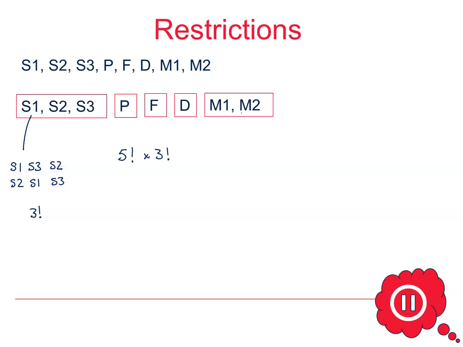And similarly, there are 2 factorial, in fact just 2 ways, of arranging my 2 mechanics books for each of the arrangements I've got so far. So I need to multiply by 2 factorial. That gives me 5 factorial times 3 factorial times 2 factorial.